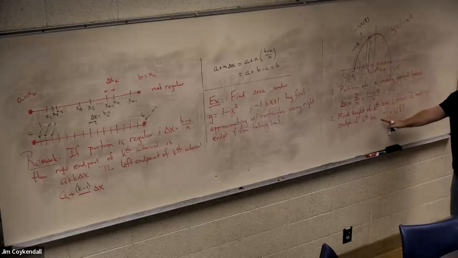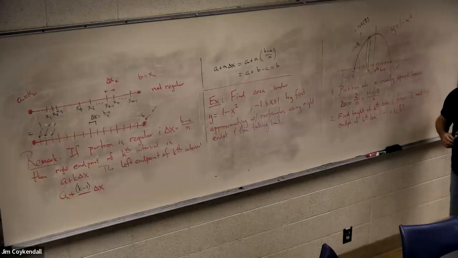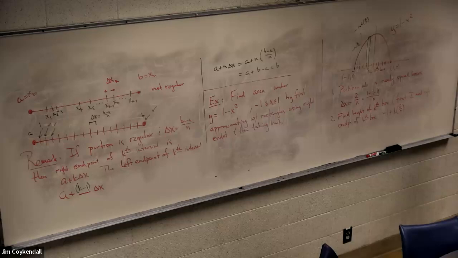But I want the k-th one, so I kick it over by k widths to get the right endpoint of the k-th box.